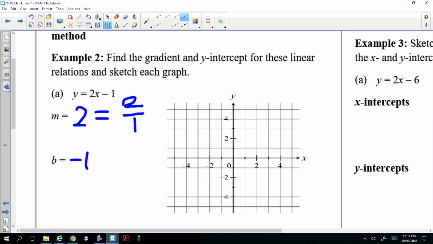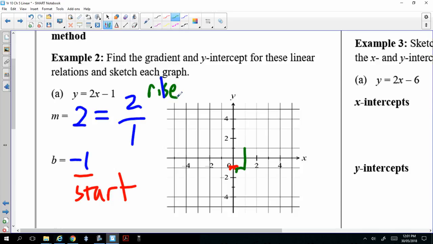That's your starting point, where you start. You start from -1, and then use the gradient. You go 1 across, 2 up. This is your rise, this is your run.